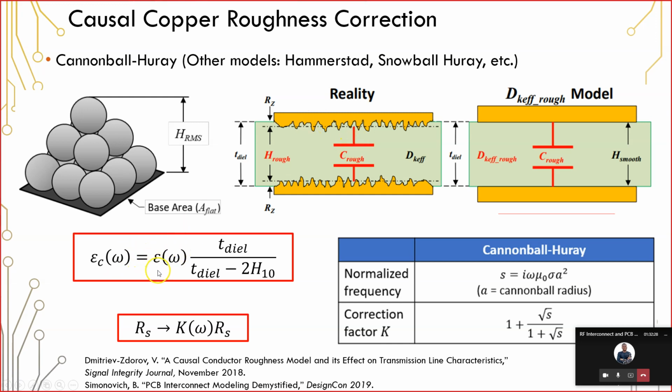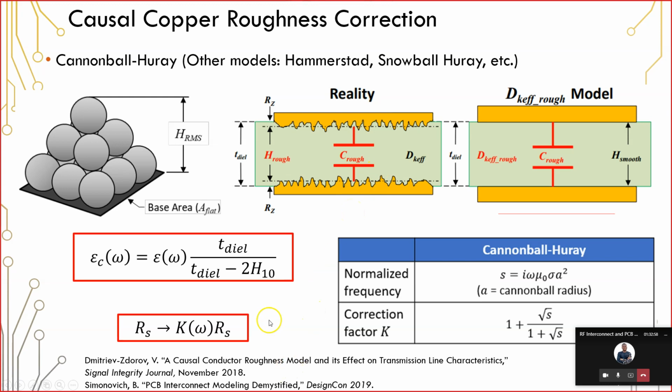So here, epsilon as a function of frequency is the real dielectric constant, and then the nominal thickness of the dielectric minus this roughness profile correction gives you the effective dielectric constant. You take that, and that modifies the capacitance of any interconnect that you create with this particular copper. And when the interconnect capacitance changes, that causes the impedance to change.